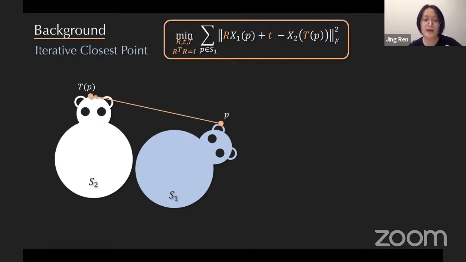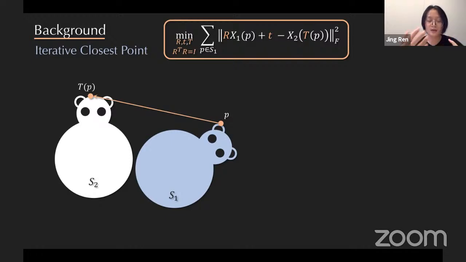Assume that we have 2 pandas that we want to register, and also assume we are given some kind of correspondences, but of very poor quality. For example, there's a vertex P on the blue panda, and it's mapped to the head of the white panda. We want to register these 2 pandas in 2D, and also improve these correspondences.